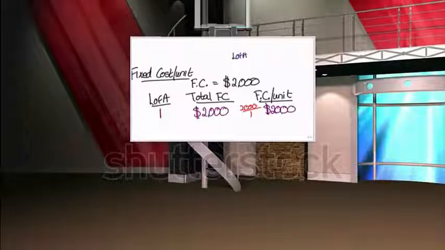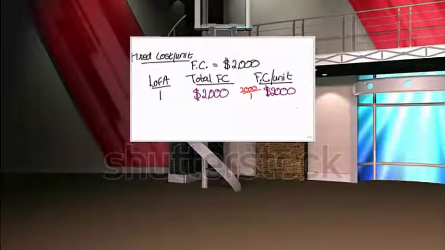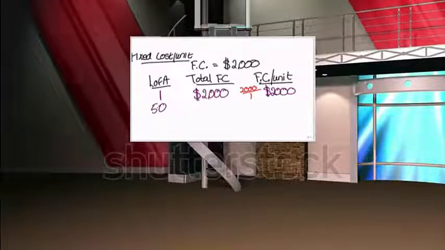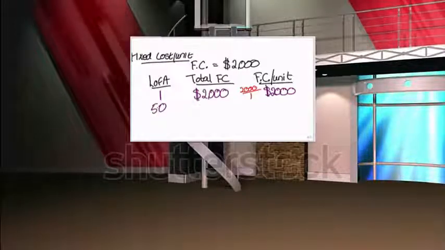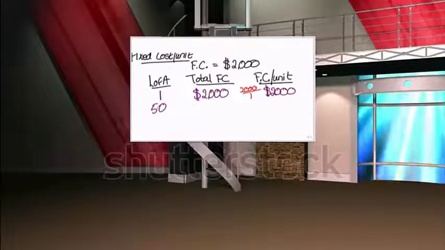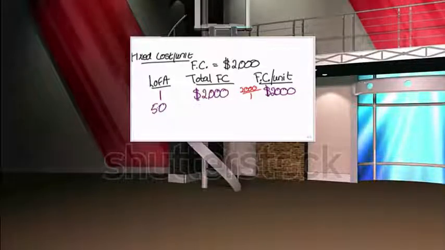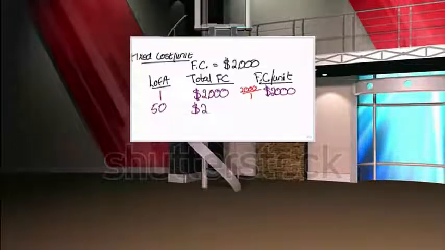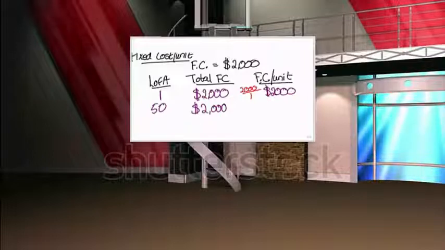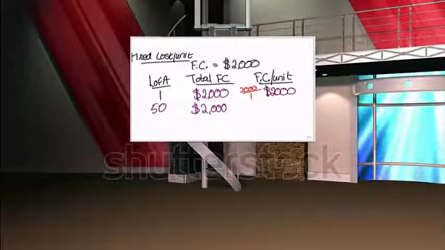Let's increase our level of activity then. Let's say our level of activity goes up to 50 units. Now what will our total fixed costs be? Well, I hope you're thinking that fixed costs will still be $2,000 because they remain constant in total terms.